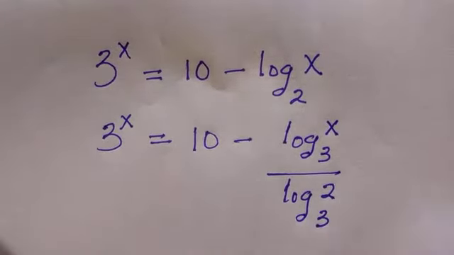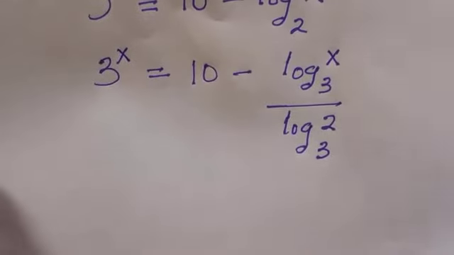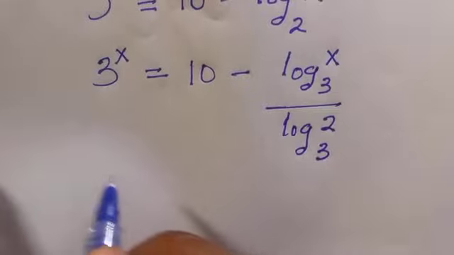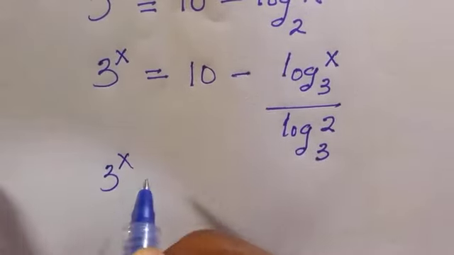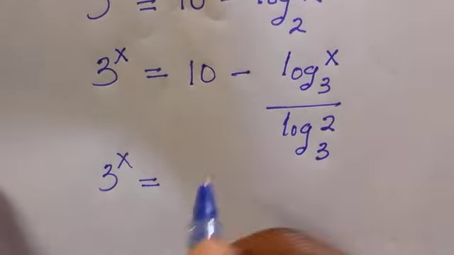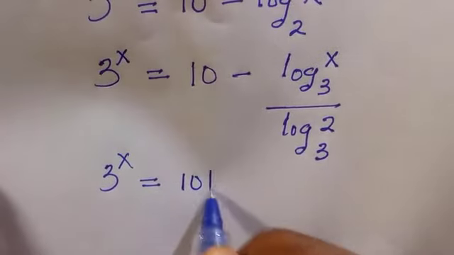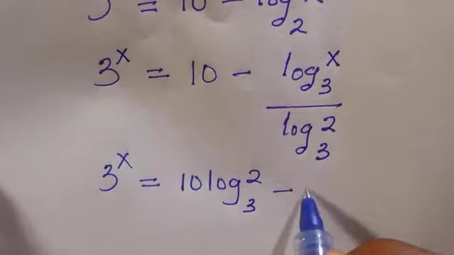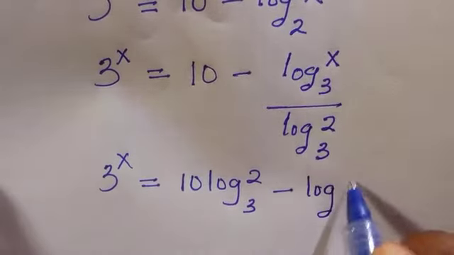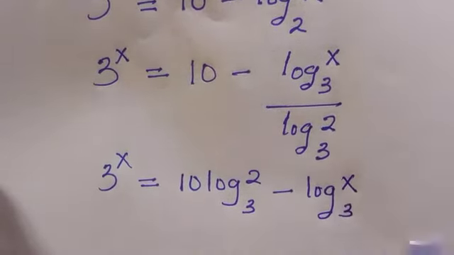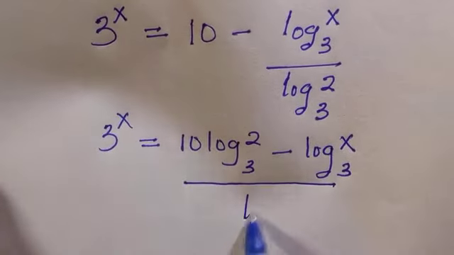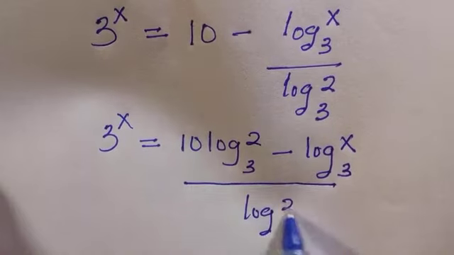And on getting to this stage, we know if 10 divides 1, we are going to find the LCM, and we have 3 to the power x equals, so log 2 base 3 will multiply 10, and we have 10 log 2 base 3 minus log x base 3, and the whole of this divides log 2 base 3.